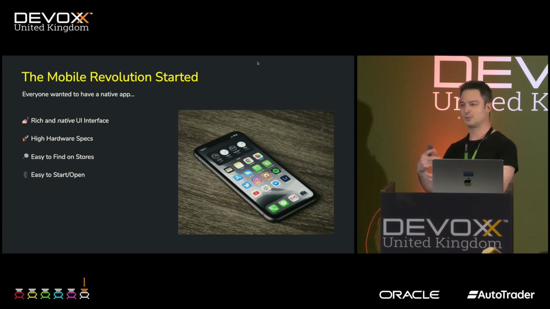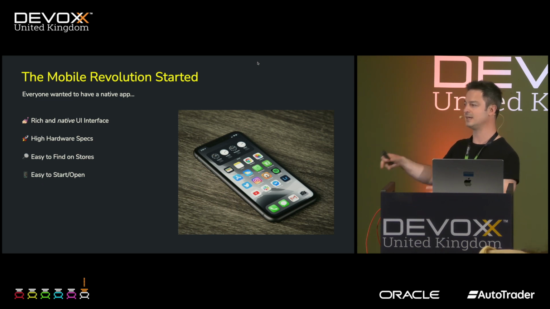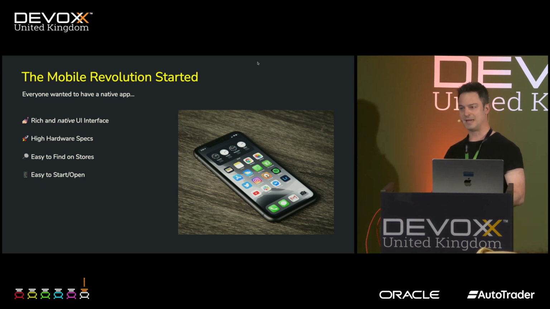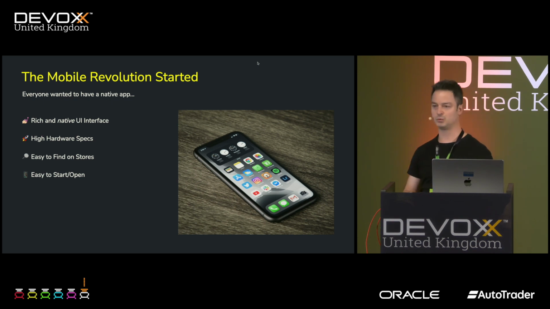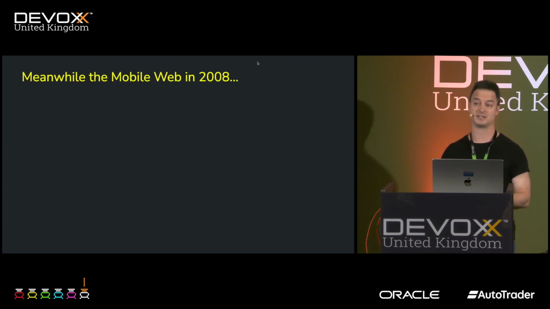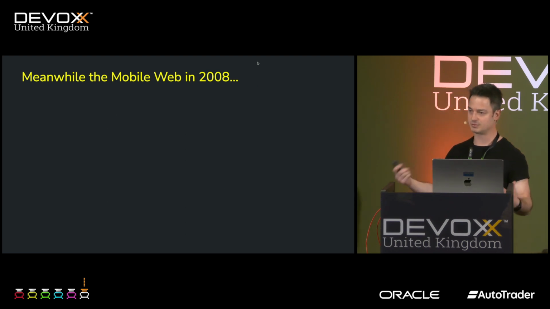That's why, together with the innovation of the touch screen and so on, if you try to think about being in 2008, it's clear what makes native apps so successful, especially because if we compare native apps back then with the mobile experience of web applications in 2008, well, there is quite a big gap, because web mobile navigation at that time was a far cry from what is possible nowadays.